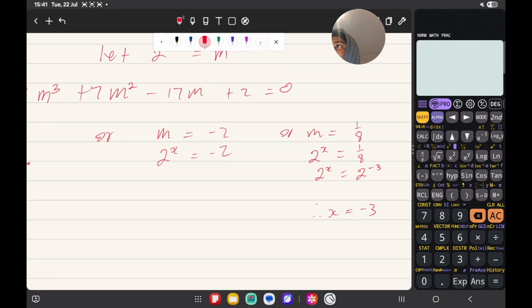By the time you do this, you'd have done logarithmic rules or laws, and from them you'd know how to deal with this. So let's go. x is going to be log, with base 2, of minus 2.